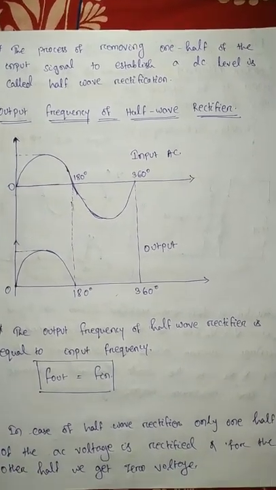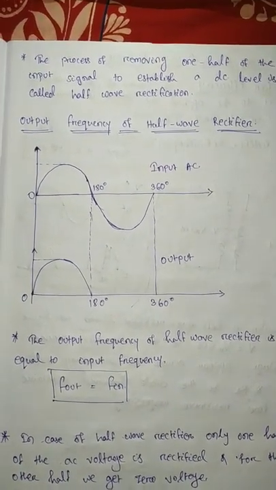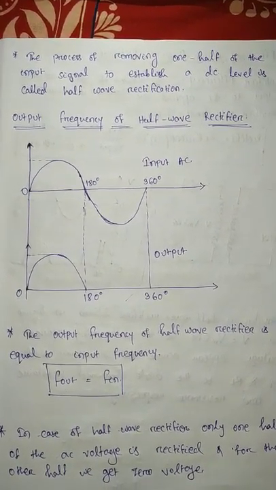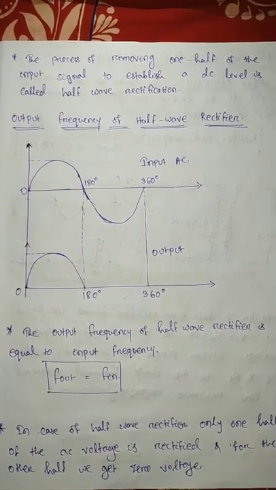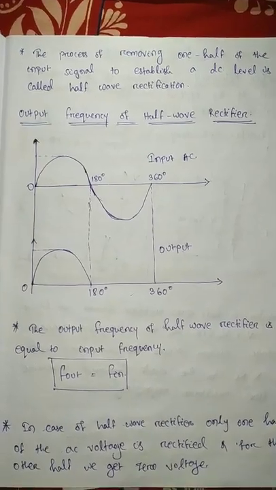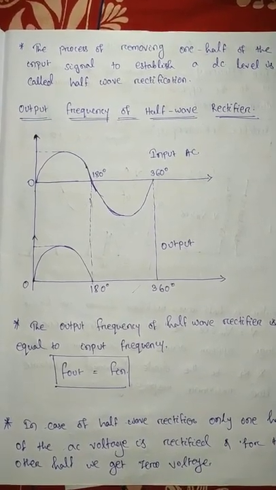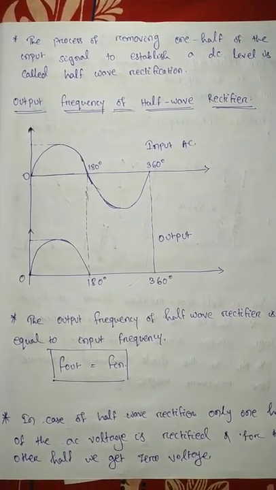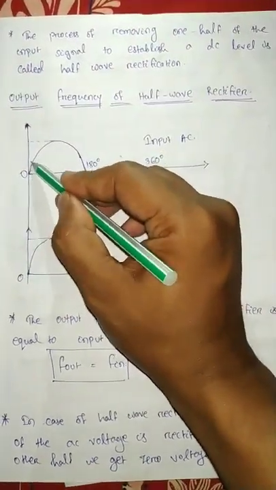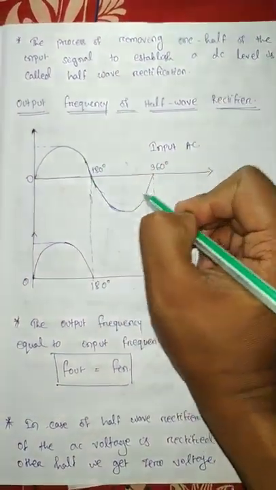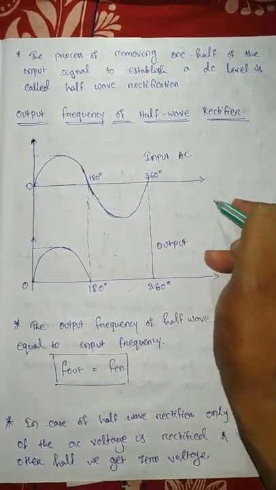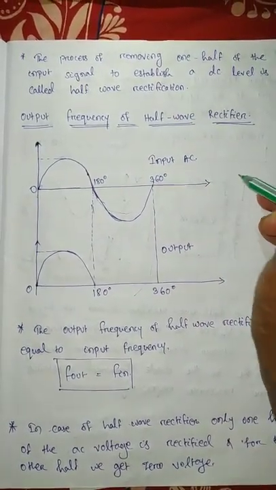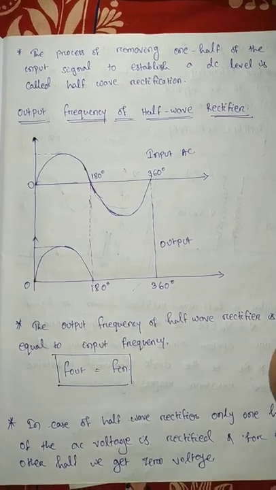Now, coming to the output frequency of the half wave rectifier. A waveform completes a cycle when it repeats the same wave pattern over a given time. As you see in this figure, the AC input repeats the same wave pattern over 0 to 360 degrees, and it continues like this, 360 to 720 degrees and so on.